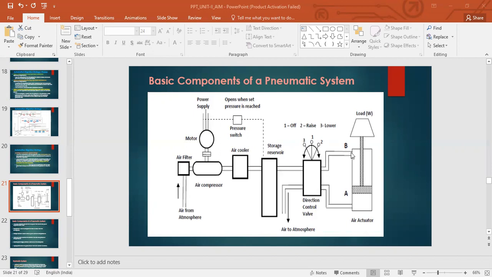If it goes to B, then it will fill up this volume, right? And it will try to impose pressure, increase the pressure on this.